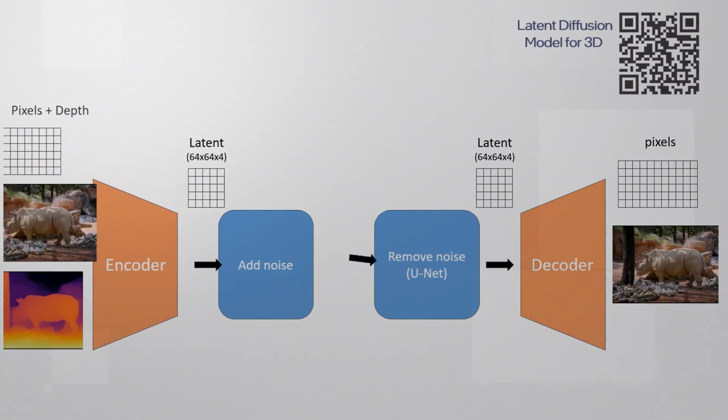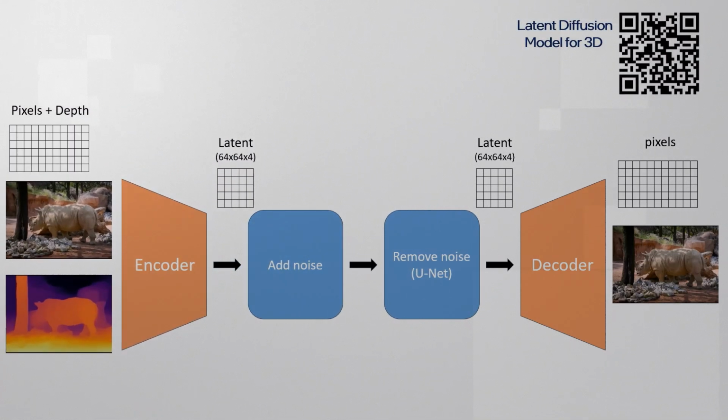The article, you can find the link below or follow this QR code, describes how to add the third dimension. They treated the depth image as an additional channel or channels to the RGB representation of the image, and were able to create a latent space that can compress both the RGB images and the depth maps.